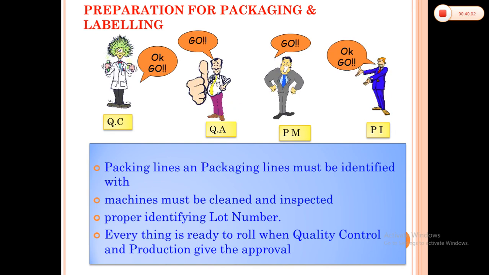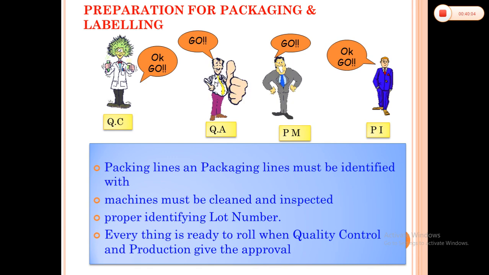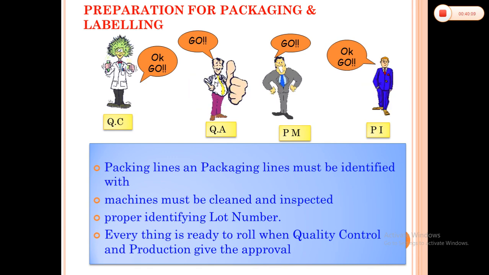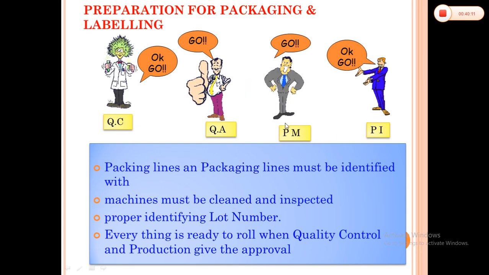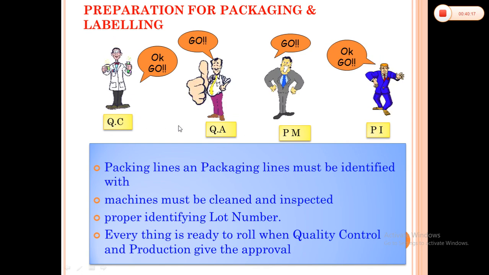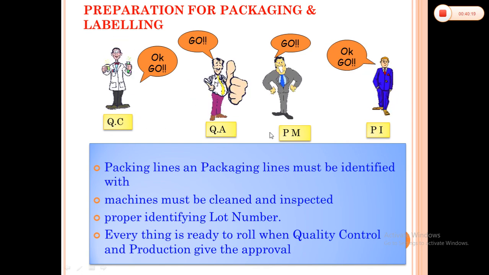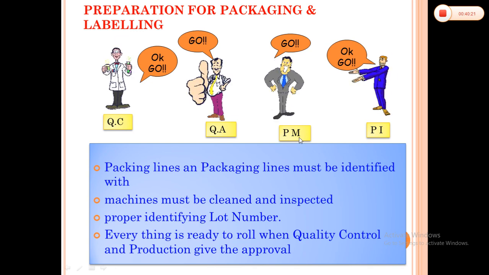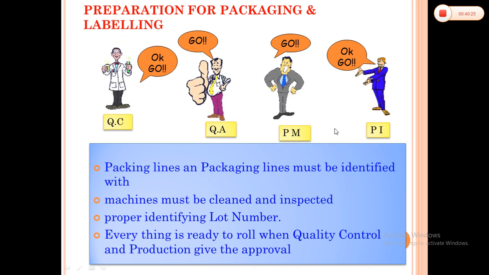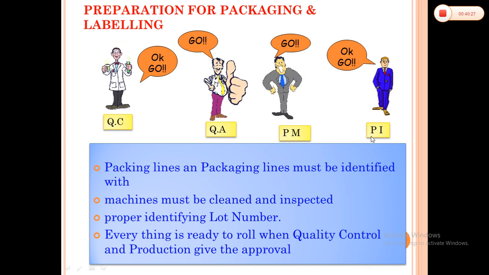Once the quality control department gives the clearance for the packaging purpose, the packaging manager will proceed, and the packaging in-charge at the end. So this will be the flow pattern from QC to QA. When QA gives guidelines to the packaging manager or the production manager, he will give the order to the packaging team.